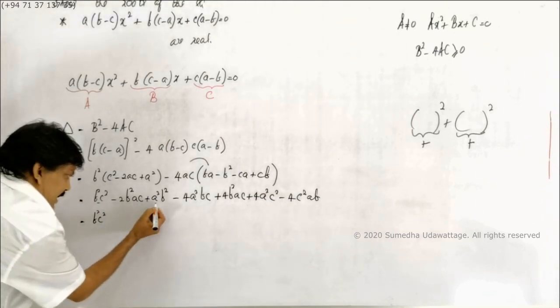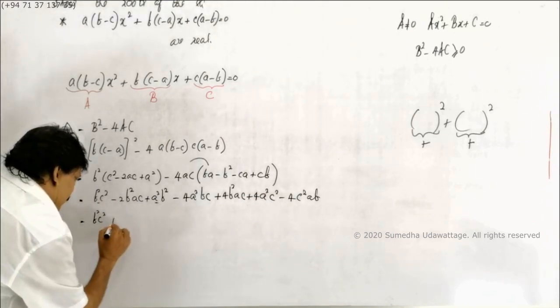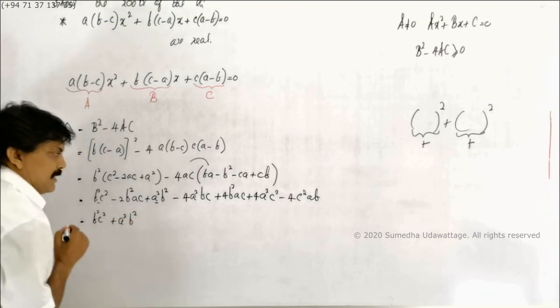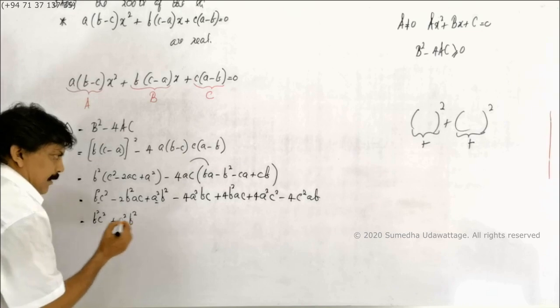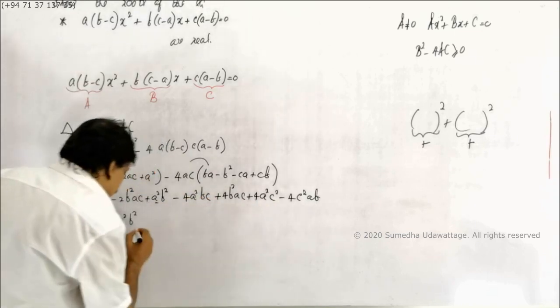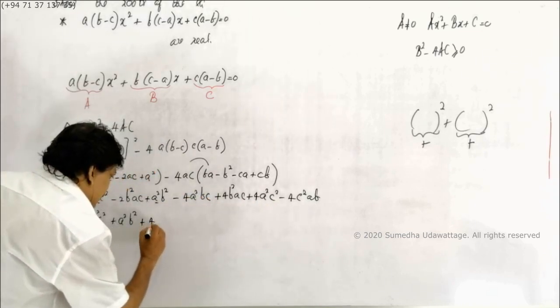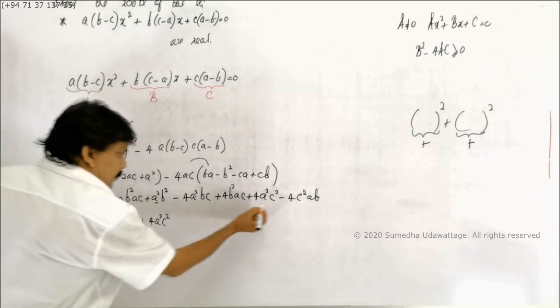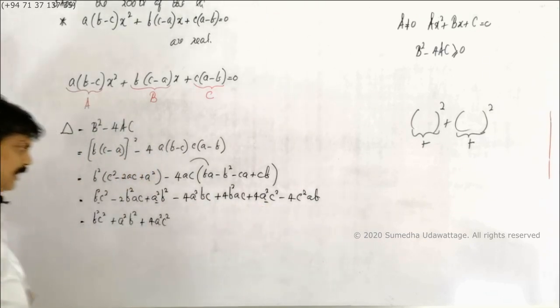Then I would get this a square b square complete square. Then I would take this 4a square c square. The values I took, I underlined.